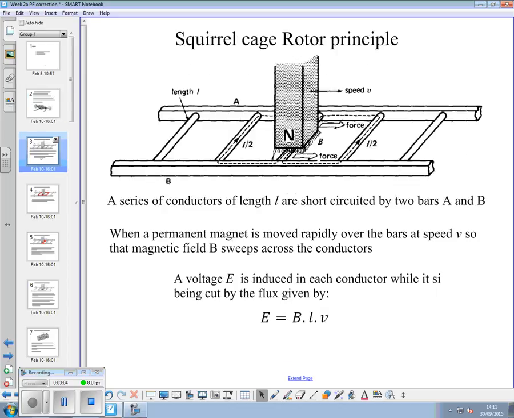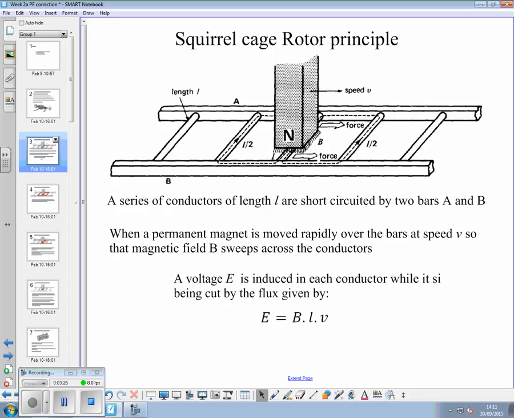The best way to get across how a squirrel cage motor actually works is to imagine the cage part of it as though it's rolled out flat like a ladder. So it's called a squirrel cage rotor, and when we look at the actual rotor construction, you'll see why that's called that.